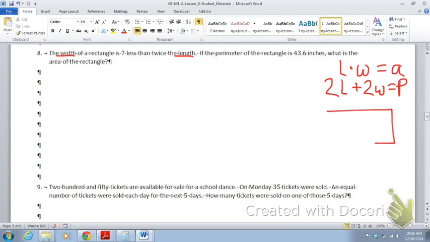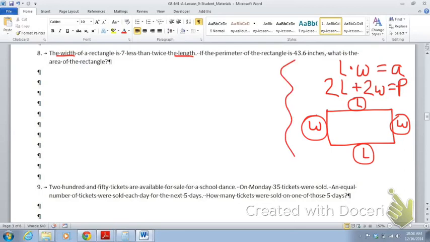Let's look at a rectangle here, a sample. So we'll have length and width. And I could transpose these two. We generally think of the length as being the longer side, but it doesn't have to be. So to find the perimeter, I've got 2 of these and 2 of those that I need to add together.